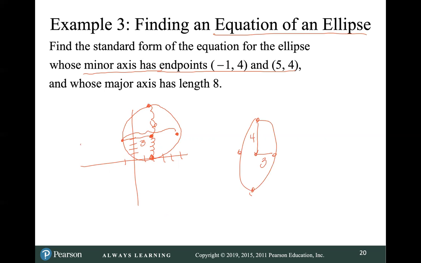So we need to know where the center is. Okay, so the center was at 1, 2, and up 4. So (h, k) equals (2, 4). How did I find that? Well, I know I'm going from the endpoints of the minor axis, and I'm finding halfway between those.